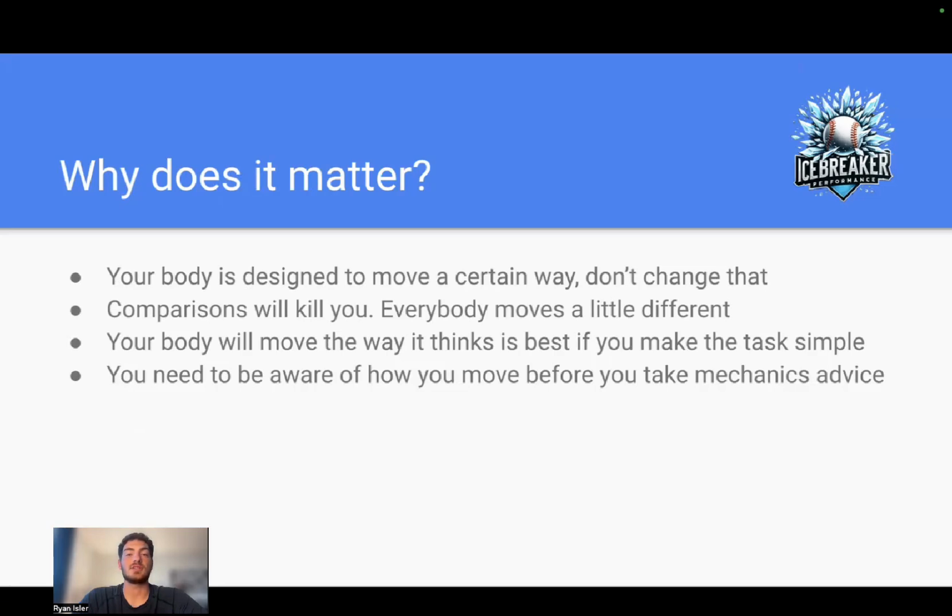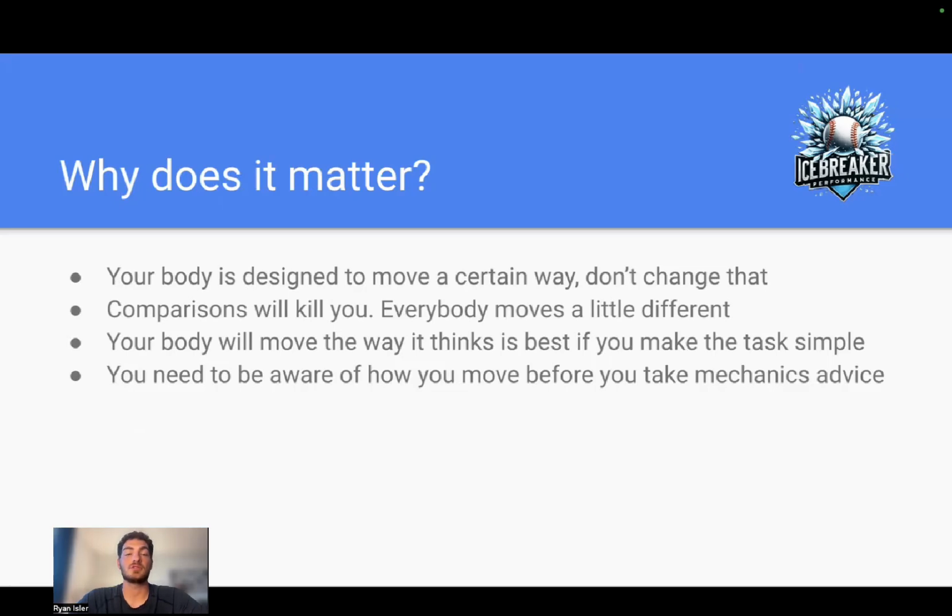So make the task simple, right? If you are trying to get your body into a certain position because you watched a video of Aroldis Chapman and you want to move like him, you're going to overthink things. Your body's going to maybe get into one position that he's in, but not all of them, right? Whereas if you make the task simple of, hey, I'm going to do this drill and I'm going to throw the ball as hard as I can, and I'm throwing a slightly lighter ball, right?